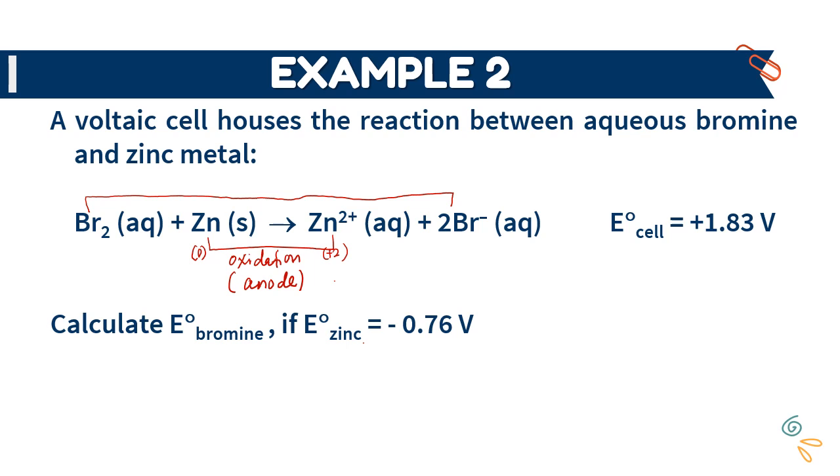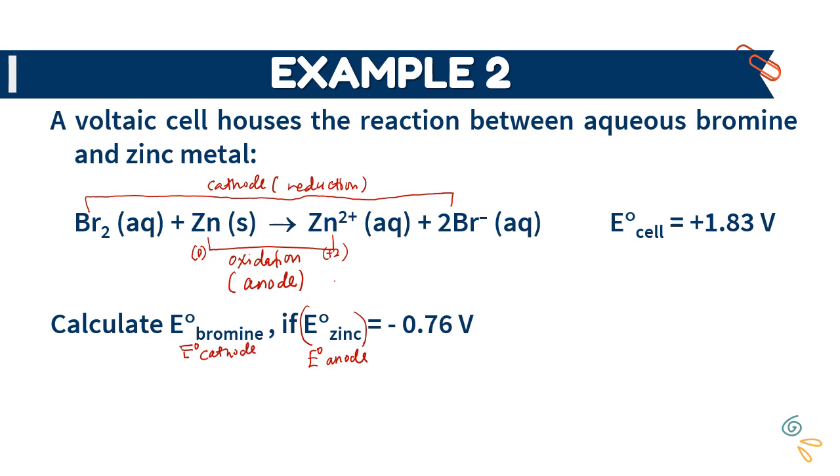Meaning here, the E naught zinc, you can put it as E naught anode. So automatically, the E naught bromine is at your cathode, where the reduction process occurs. So you label it as E naught cathode.